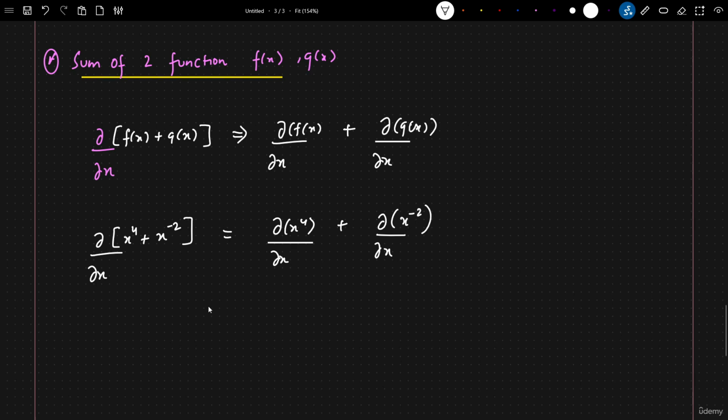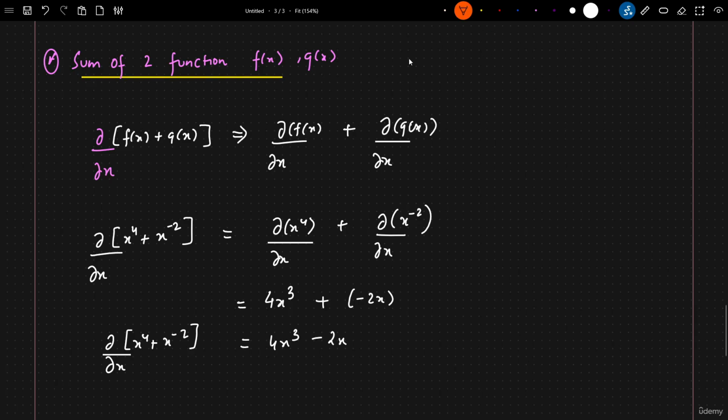The derivative is 4x cube, and this is minus 2x. So finally I'll be getting 4x cube minus 2x. This is my entire derivative.